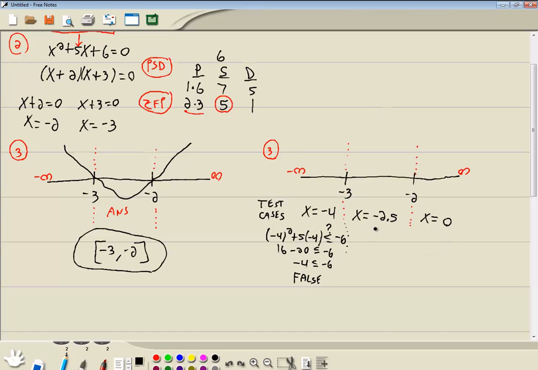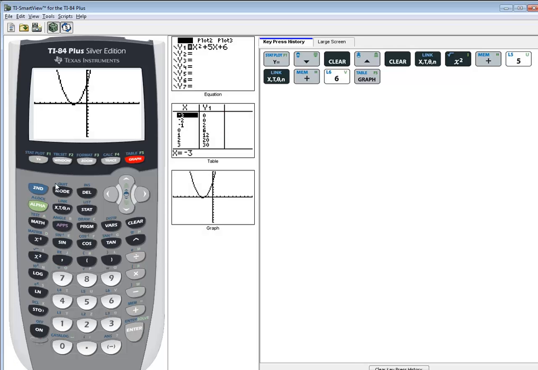Now the negative 2.5 here. So I put in negative 2.5 squared plus 5 times negative 2.5, and we're wondering if that's less than or equal to negative 6. Not very good with decimals, so let me plug that in my calculator.